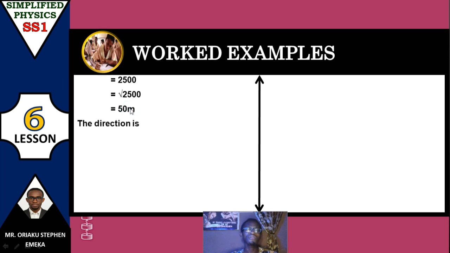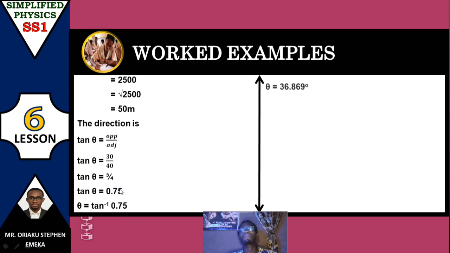To find the direction, we say that tan theta equals opposite over adjacent. Our opposite is 30 and our adjacent is 40. So tan theta is 3 over 4, making tan theta 0.75, and theta is tan inverse of 0.75.